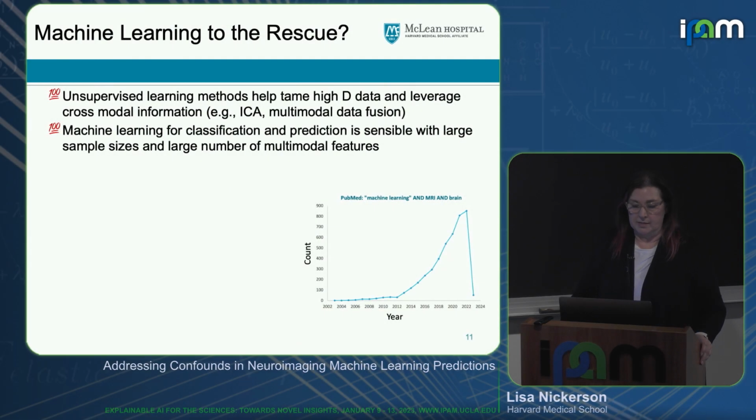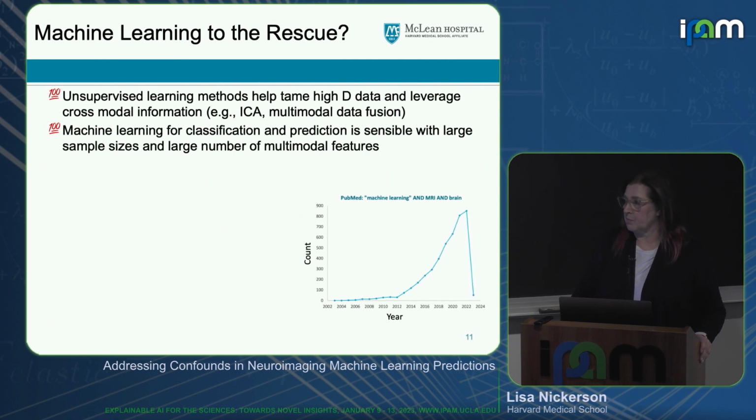So what do we do? Well, unsupervised learning methods like ICA and other techniques like that can help tame high-dimensional data and potentially leverage cross-modal information to handle that data fusion problem a little bit. Machine learning for classification and prediction becomes very sensible when you have these large data sets, and those are multivariate techniques that can really help too.